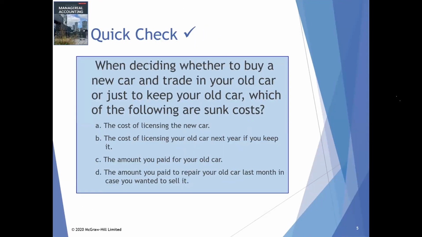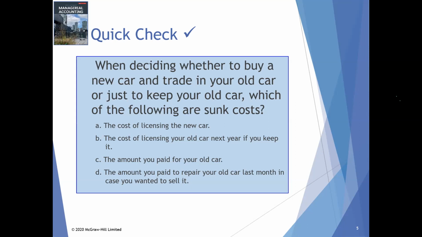Now, look at this question. When deciding whether to buy a new car and trade in your existing car, or just to keep your old car, which of the following are the sunk costs? Option A, the cost of licensing a new car.